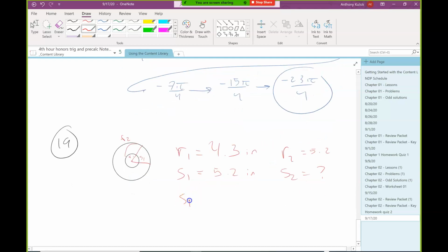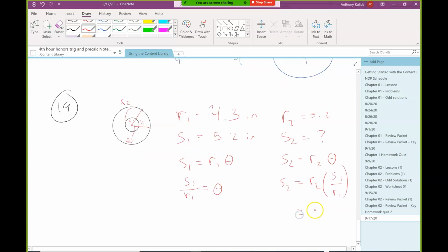So here, I'm going to do this in radians, although it doesn't matter if you use degrees. I'm going to figure out this angle theta because it's the same angle theta for both situations, right? Because the central angle here is the same for each of them. So I know theta is S1 over R1. So if I come over here, I know that S2 is R2 times theta, or really R2 times S1 over R1.